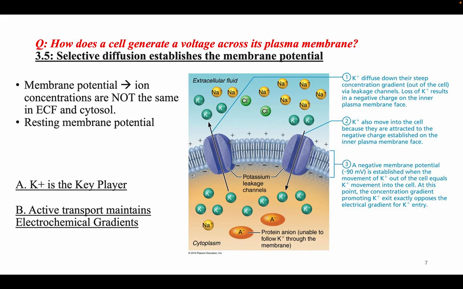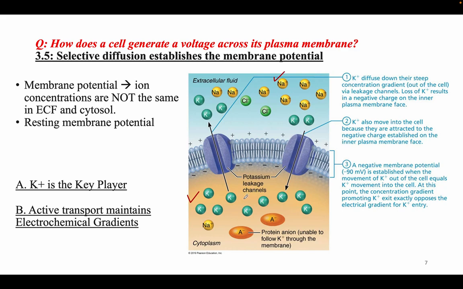Now, what is membrane potential? We are going to discuss a lot of this later in the semester, but the basic concept you need to understand here is that ion concentration is not the same inside the cell and outside the cell. Mostly, like I said, potassium is always present more in the cell, and sodium is present more outside the cell.